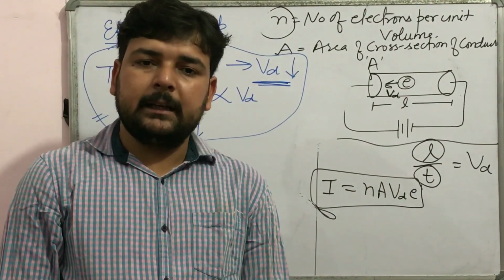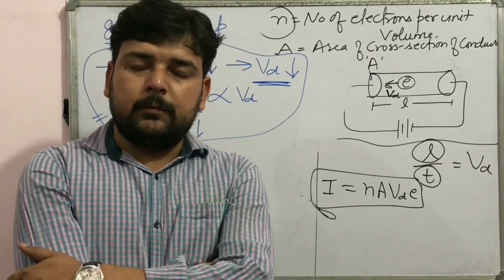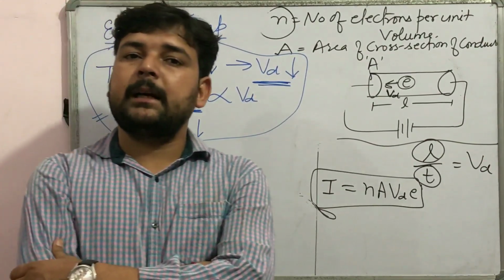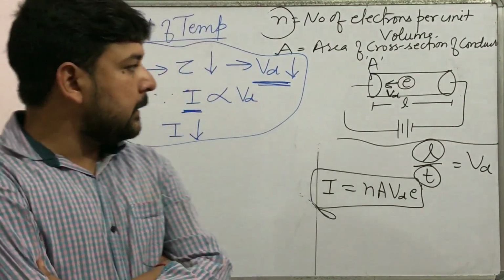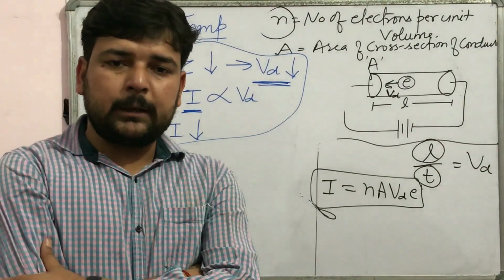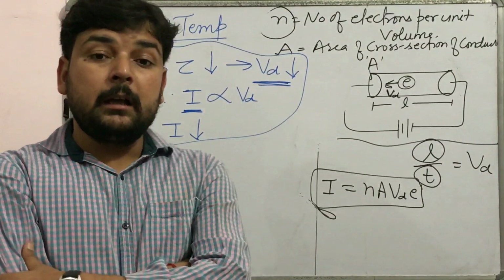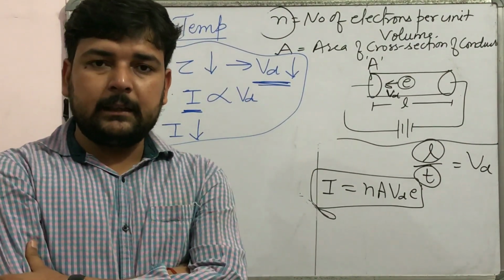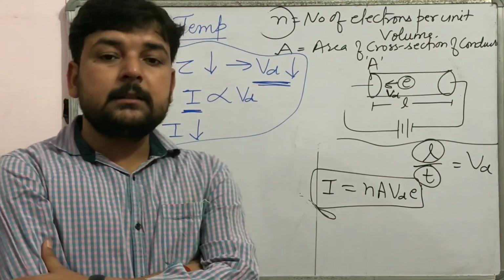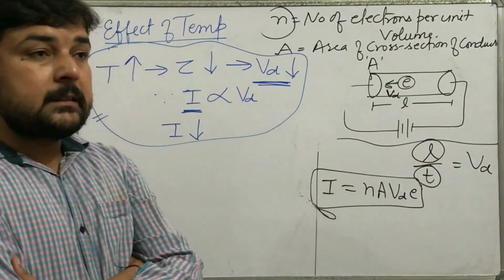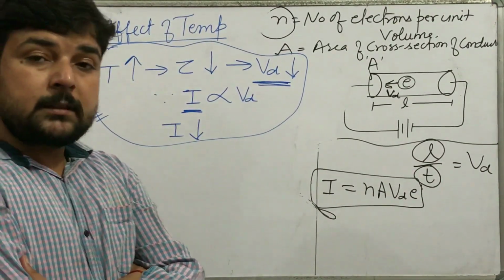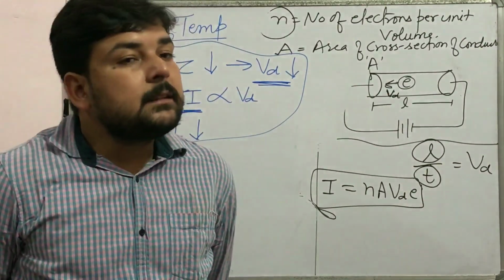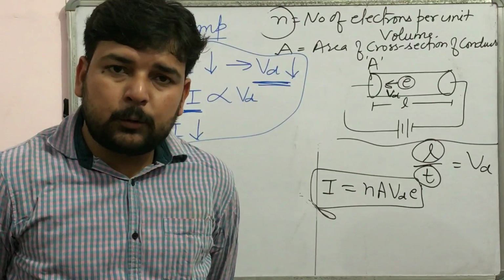In the first we have determined the relation between relaxation time and drift velocity, that Vd equals minus e tau upon m, and in the second we have derived the expression for current, I equals nAVde. These are very important relations, and in previous years the first derivation was asked in the CBSE board exam. So definitely these derivations are very important from the board point of view.